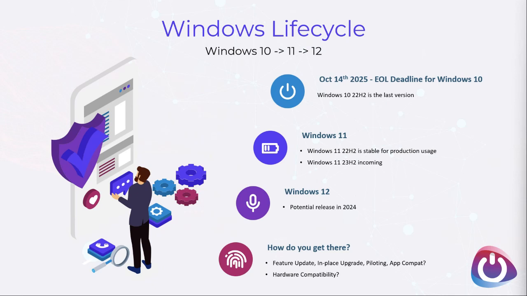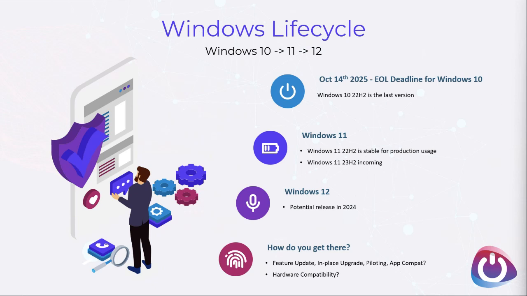Yeah, sure thing. So from the Windows lifecycle side of things, a lot of you may be aware of the different iterations of Windows 10 and the end of life of Windows 10 on October 14th, 2025, with the last version of Windows 10 being 22H2.